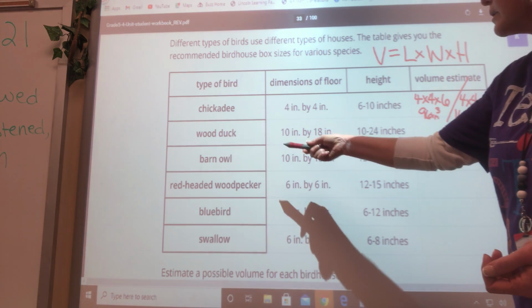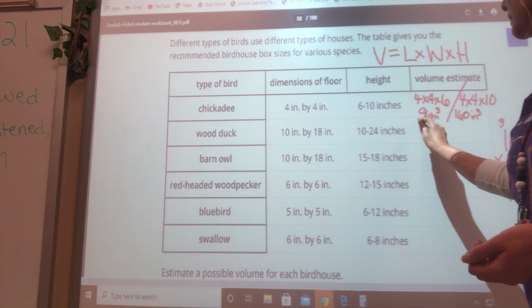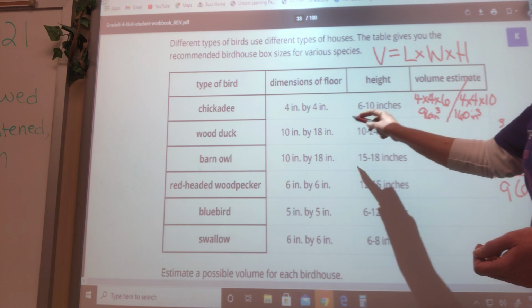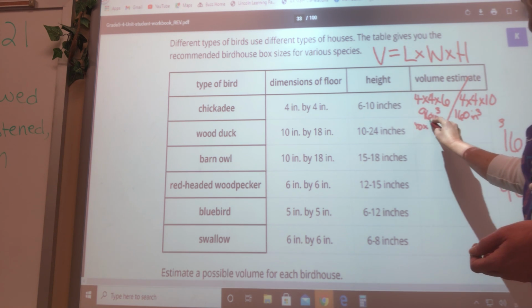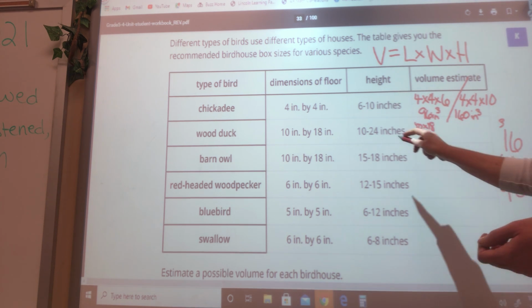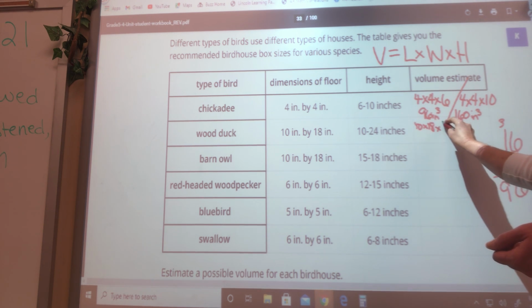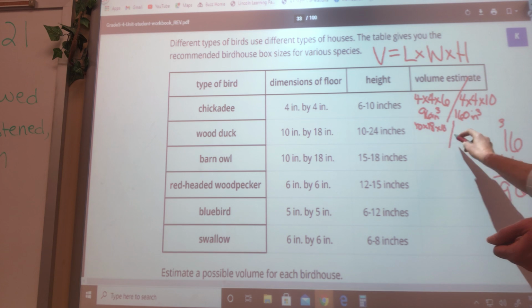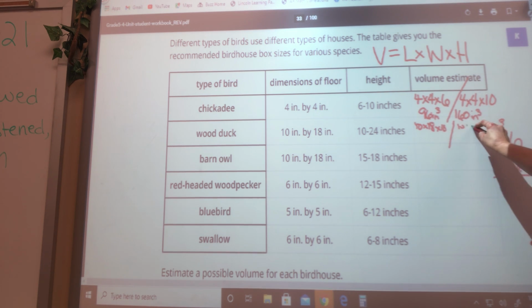Our wood duck, it tells us that our wood duck's house is 10 by 18 on the floor, so that's the length and width. So we would have 10 times 18, and it could be anywhere from 10 to 24 inches. So on this side, I would do that times 10. On this side, I would have 10 times 18 times 24.